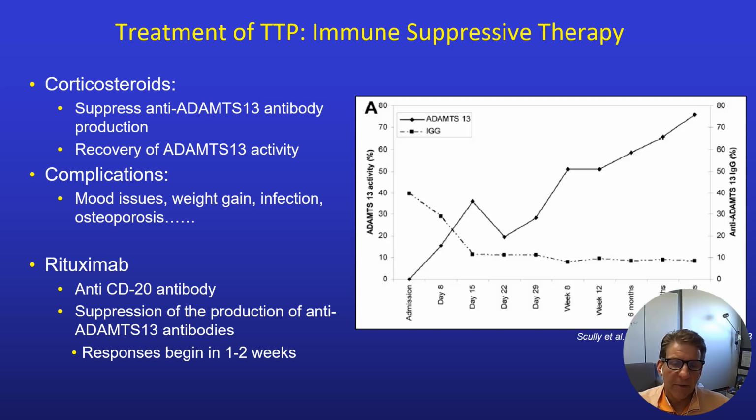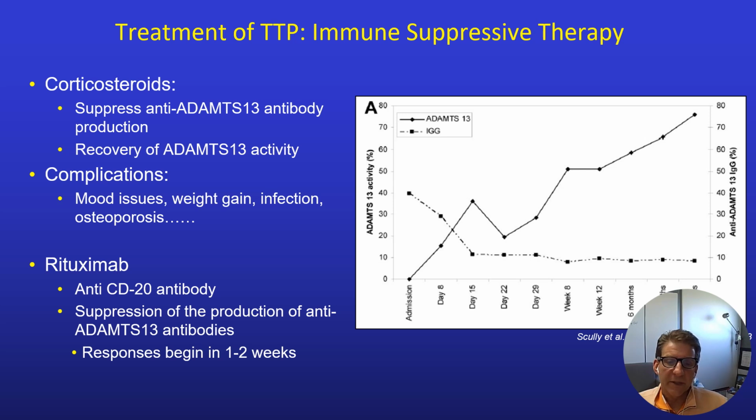If you look at some data from Marie Scully in the London group, you can see rituximab treated patients who also got corticosteroids. I'm sorry, they got rituximab in the first 3 days. You can see the ADAMTS13 activity and the anti-ADAMTS13 antibodies at remission and then at days 8, 15, and 22. And what you see is the same effect.